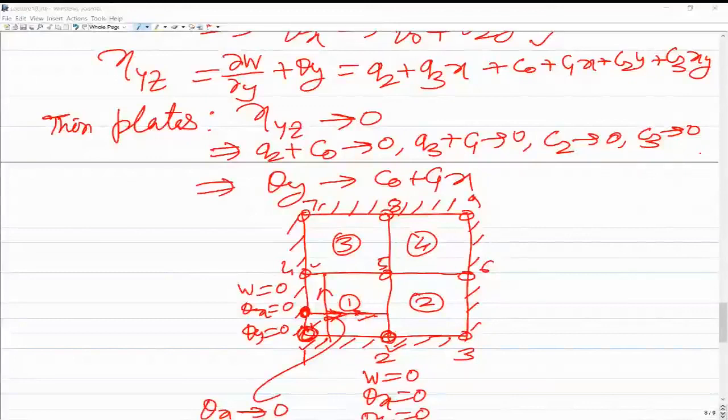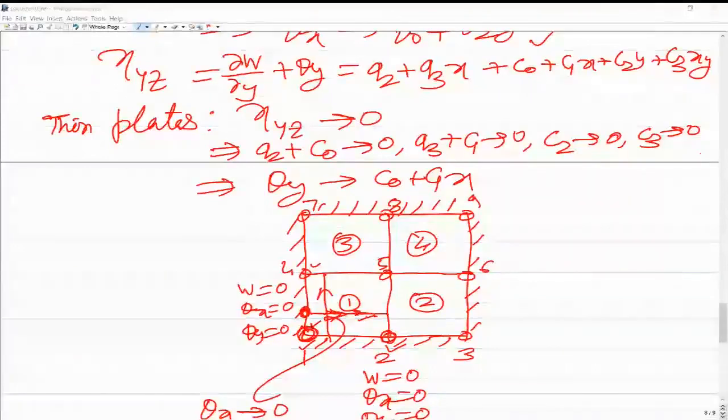So it is not easy to identify whether it is a thin plate or thick plate. So we would like to use an element which predicts the results accurately for both thick as well as thin plates. So we want an element which is free from shear locking, and it is also shear deformable. So that is why we are discussing this problem.